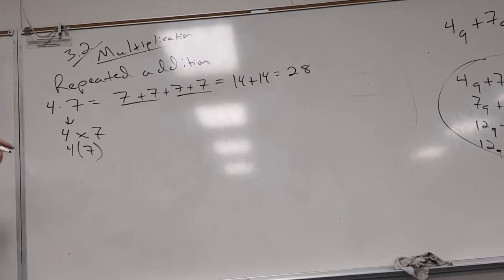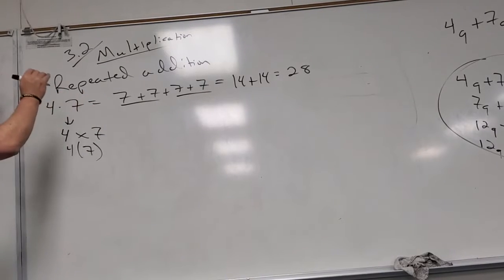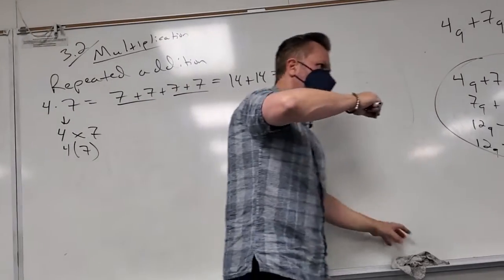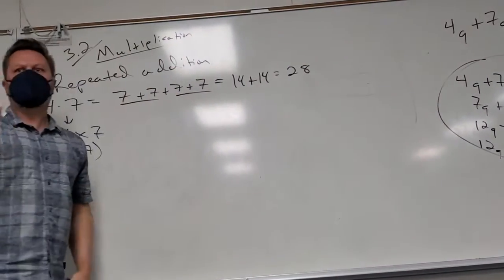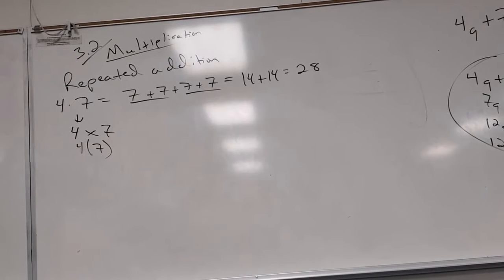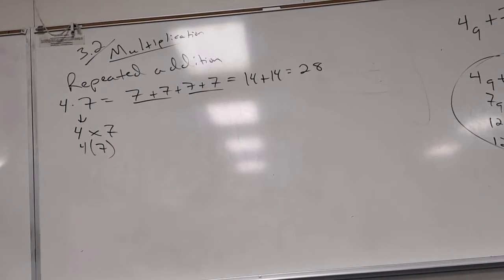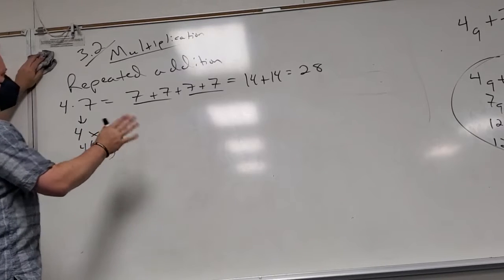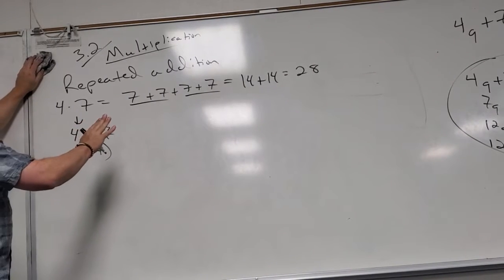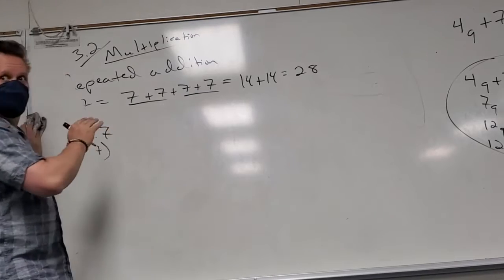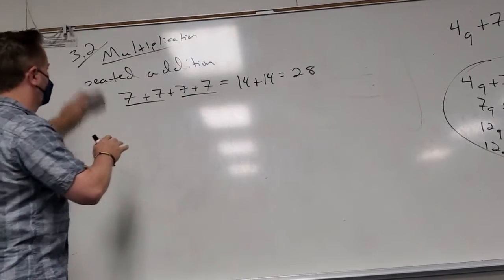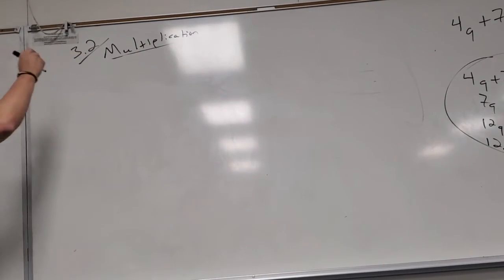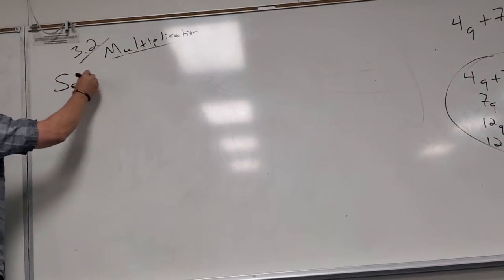So that's the basic idea of multiplication. So like we did before with addition and subtraction, we're going to talk about different models, different physical models you could use for this. So this should be immediately obvious possibly, but let's talk about the different models. So you could use, this should sound familiar, the set model.